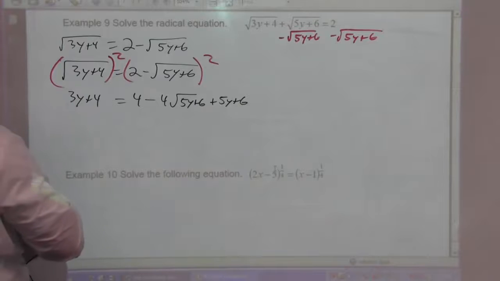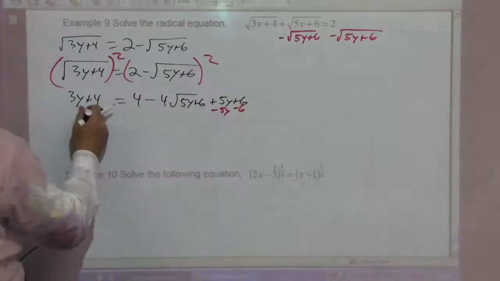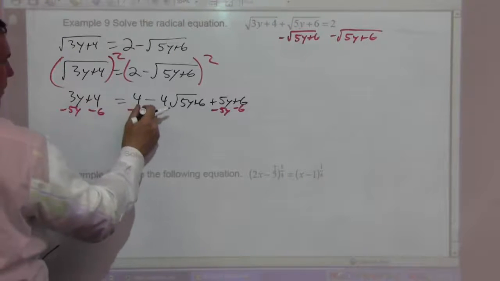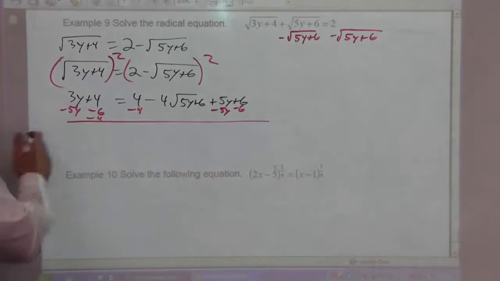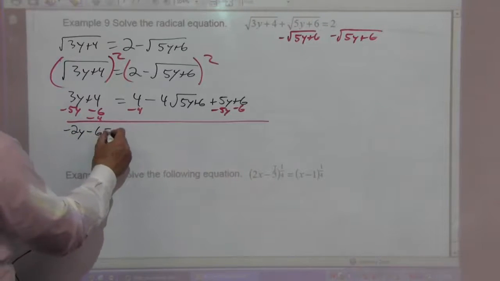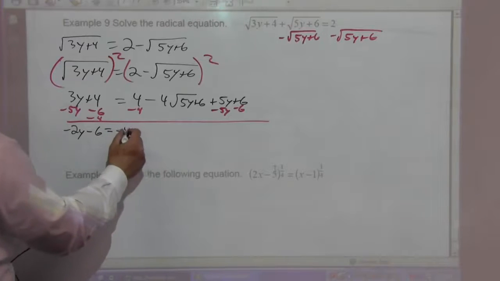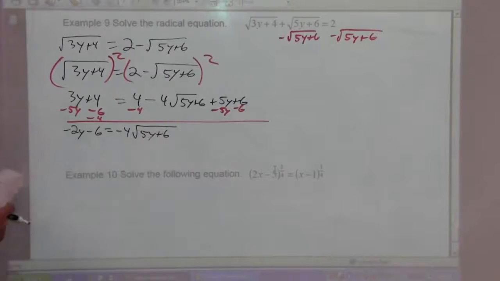Let's see, I'll subtract 5y, I'll subtract the 6, and I'll subtract the 4. We're going to have negative 2y minus 6 equals negative 4 times the square root of 5y plus 6.